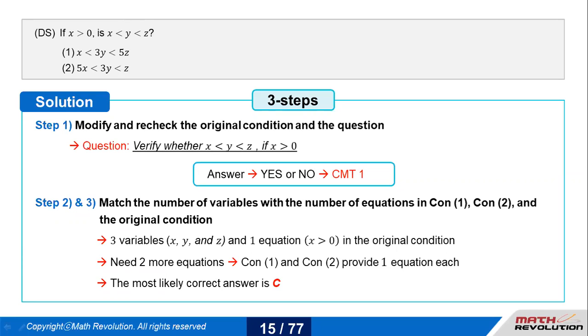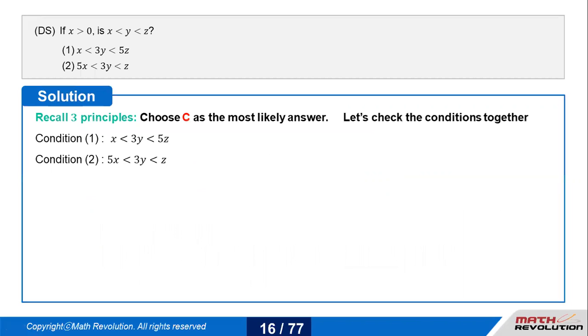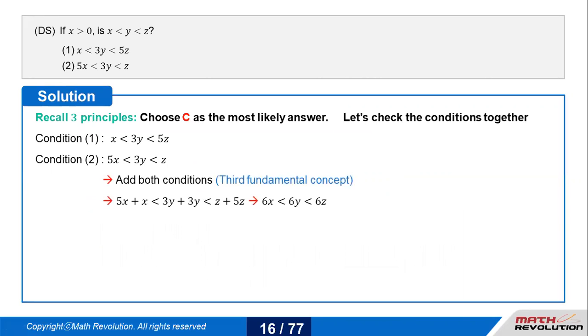Now, when I know that my answer would be C, I won't waste a second, and I'll quickly combine both the conditions, statement number 1 and 2, together. So once I combine those conditions, I get 5x plus x, 3y plus 3y, and 5z plus z. Inequality sign doesn't change. I get 6x, 6y, and 6z.